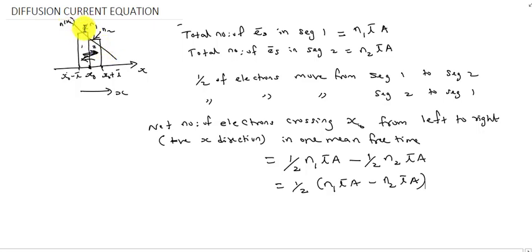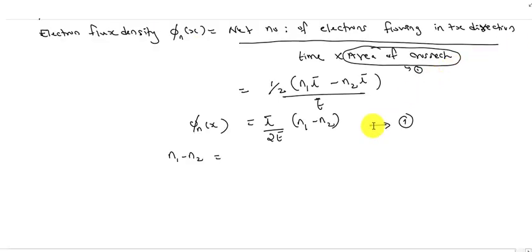If we define the concentration N1 as n of x, then we can define the concentration N2 as n of x plus delta x. Delta x means the change in position.